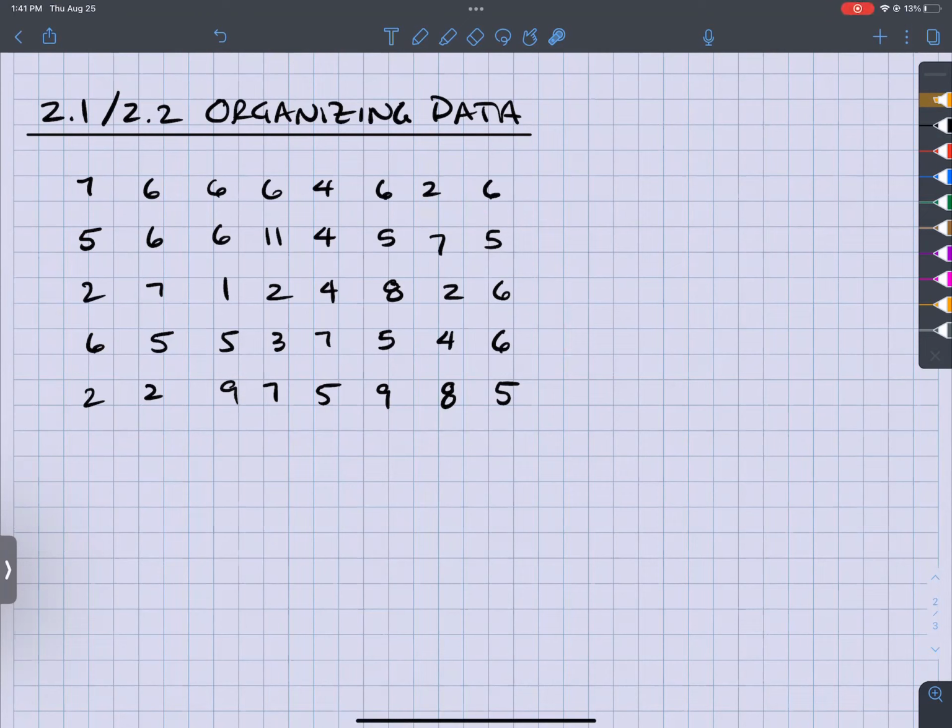Okay. So first things first, let's talk about the definition for frequency distribution.